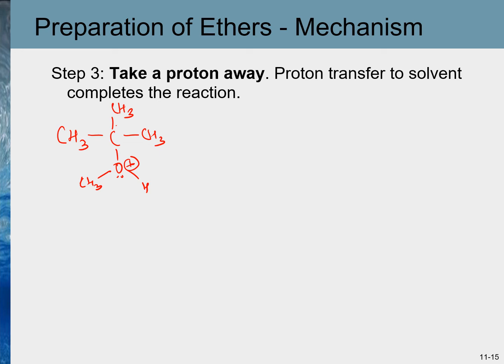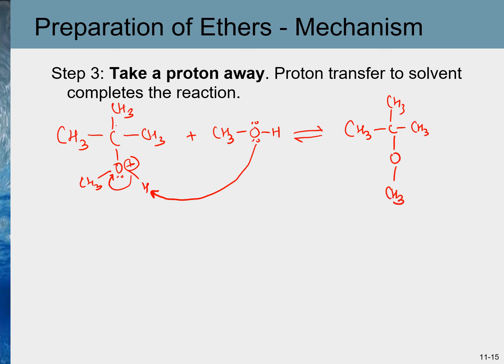A solvent molecule, in our case methanol, will accept a proton and it will result in formation of tertiary butyl methyl ether. So this is MTBE plus a protonated methanol molecule.